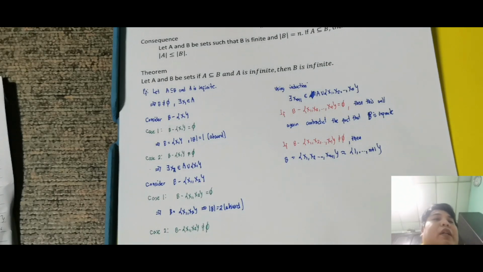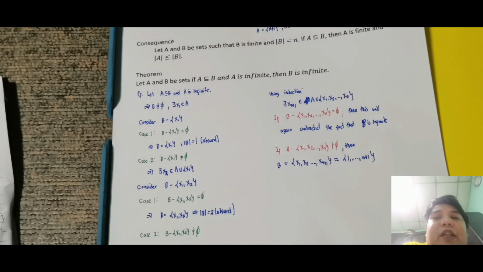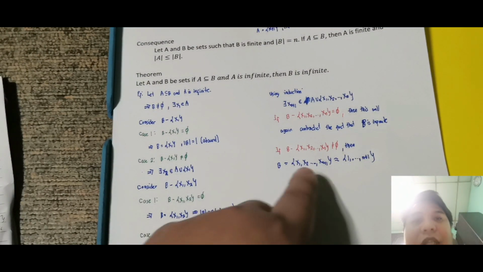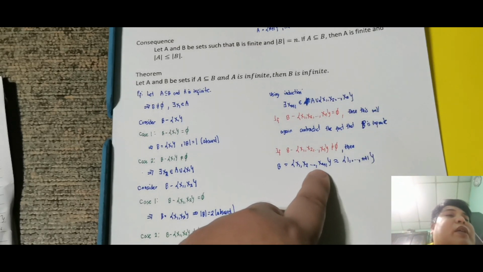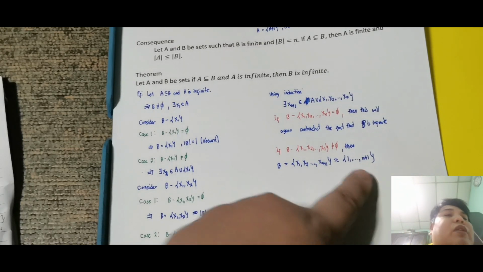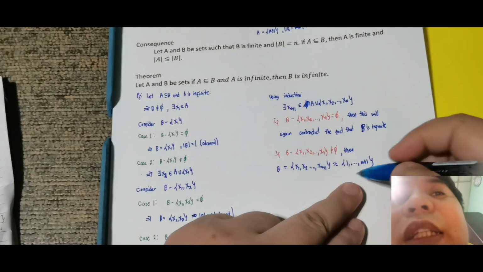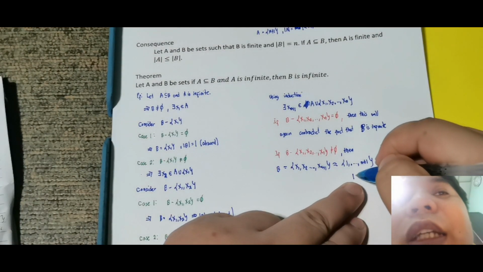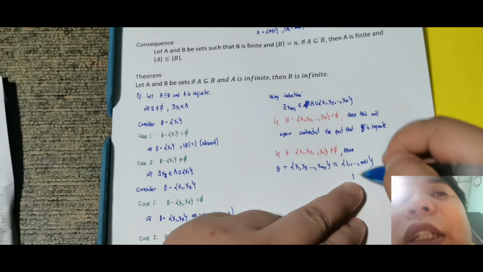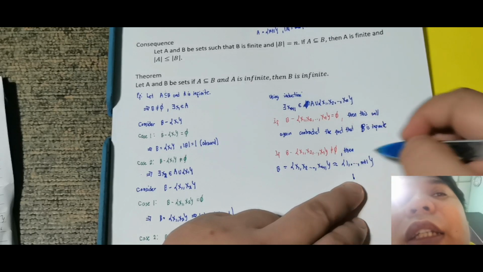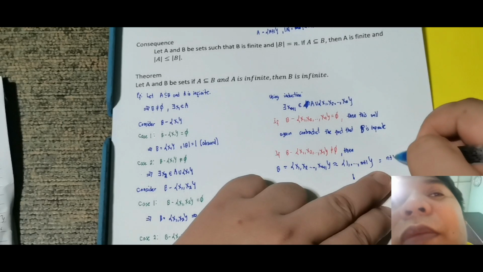So, in-represent ko na siya para maging finite. Ngayon, i-check nyo ha, pansinin nyo. Ano ang pinagkaiba ng x sub 1, x sub 2, up to x sub n plus 1 dito sa 1, 2, 3, dot dot dot up to n plus 1? Itong part na to is finite. Ang cardinality netong part na to is equal to n plus 1. Okay?